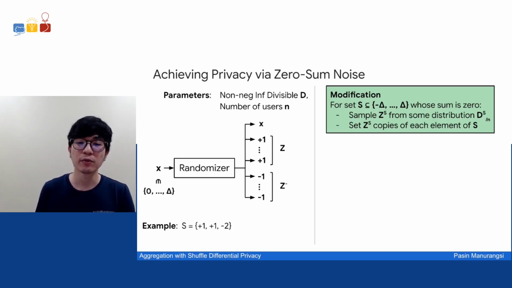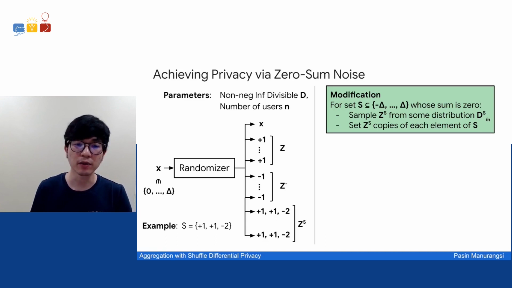And then we will sample a random variable which tells us how many copies of these subsets we are going to send. For example, if our set S is +1, +1, -2, and we sample this random variable CS to be 2, then we will send +1 in addition 4 more times and -2 2 more times.